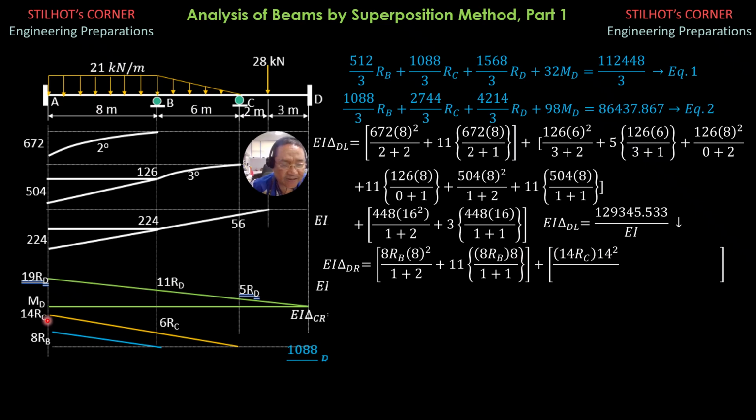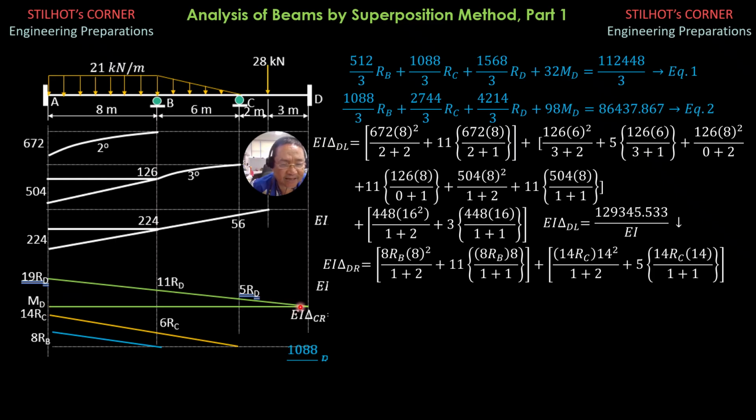For this diagram, 14 RC, length 14 square over 1 plus 2 due to deflection, and due to slope, 5 times theta. So 5 times 14 RC, 14 over 1 plus 1. This due to RC. Then due to RD, 19 RD, due to deflection, 19 deflection only, automatic.